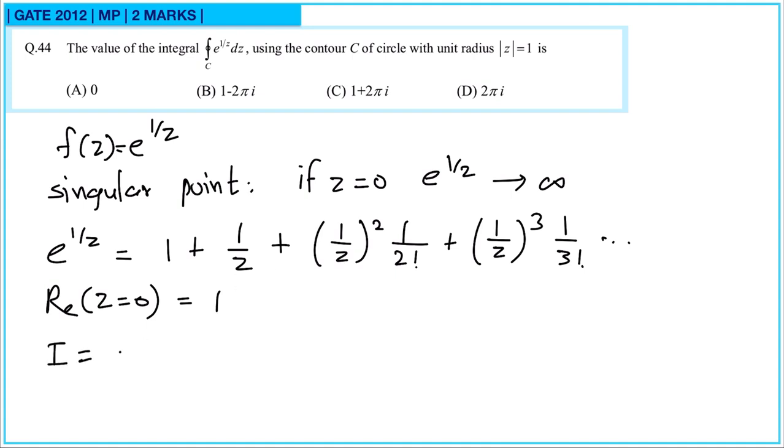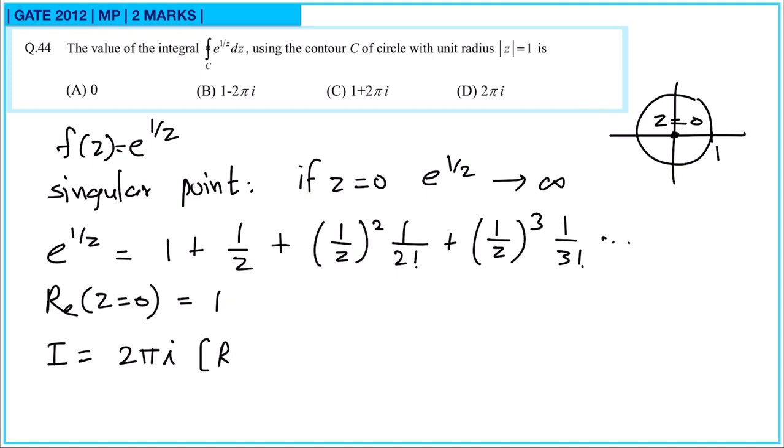So integral is equal to 2 pi I, and see the circle, counter circle is z is equal to 1. So it will be at the origin circle of radius 1. So this z is equal to 0 is inside this curve. So I will be equal to 2 pi I into residue at z is equal to 0. That is 2 pi I only. So here option D is correct.